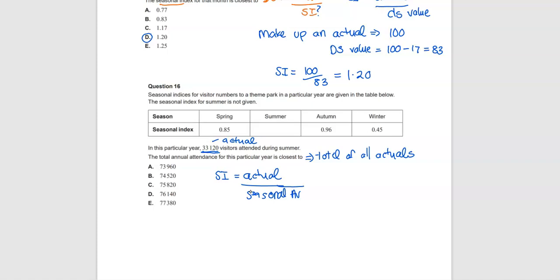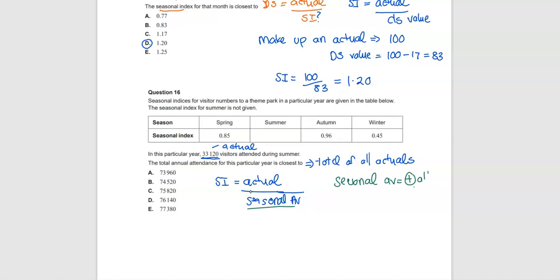How you find a seasonal average is you add up all the values and divide by the number of seasons. So that sum of all the values is actually what we're trying to find out.